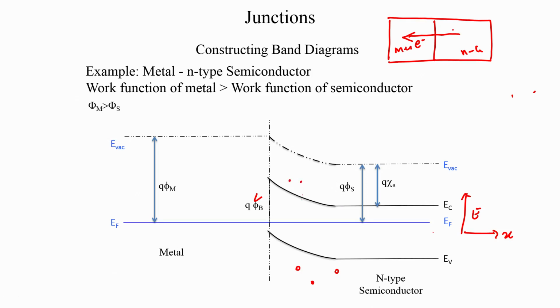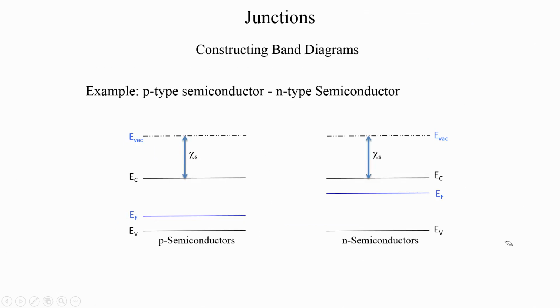So, there are going to be very few electrons and very few holes here. Therefore, in some sense this junction can be said to be depleted of free carriers. We will come back to these points later. So, this is the way you draw a band bending diagram and look at the different aspects of it.